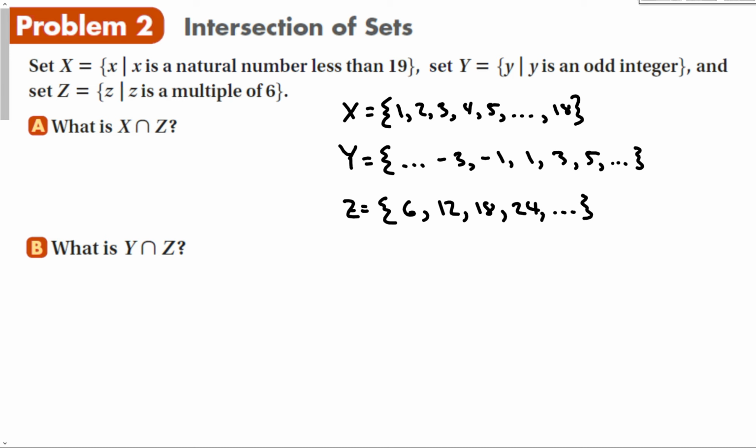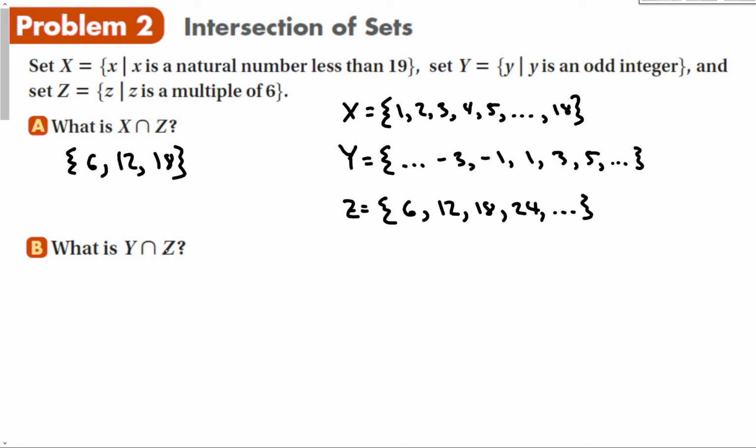All right, so what is X intersect Z? Where do X and Z cross? We can see that X intersects Z at 6, because 6 is in the ellipse, but also inside there are 12 and 18.